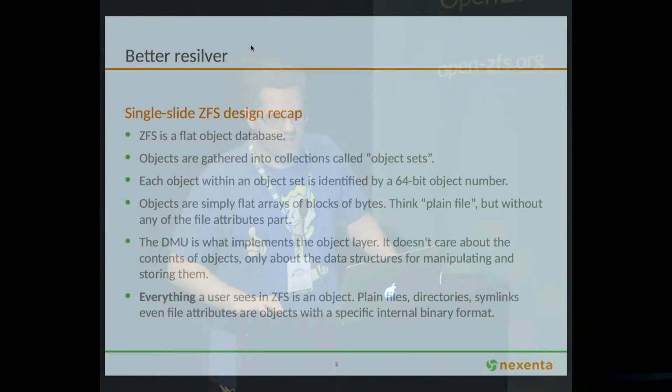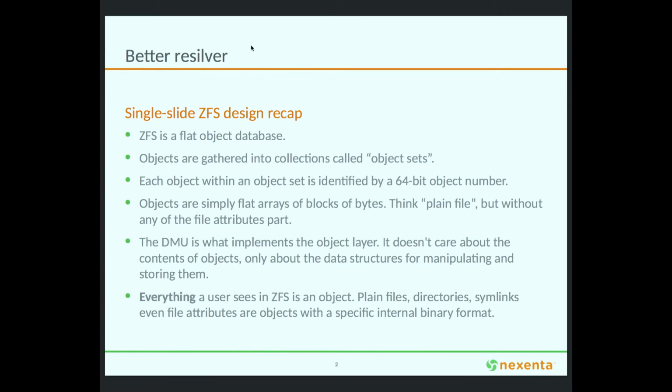So I'm first going to do a quick design recap for people who are maybe not quite familiar with the object model and the general model of ZFS. As a quick overview, the way we can view ZFS at the object level is basically a flat database. The hierarchy of the file system is built up, as was previously discussed, using an upper layer, the ZPL, but the actual base structure of the file system is flat in itself, and it's based around the notion of constructs that we call objects.